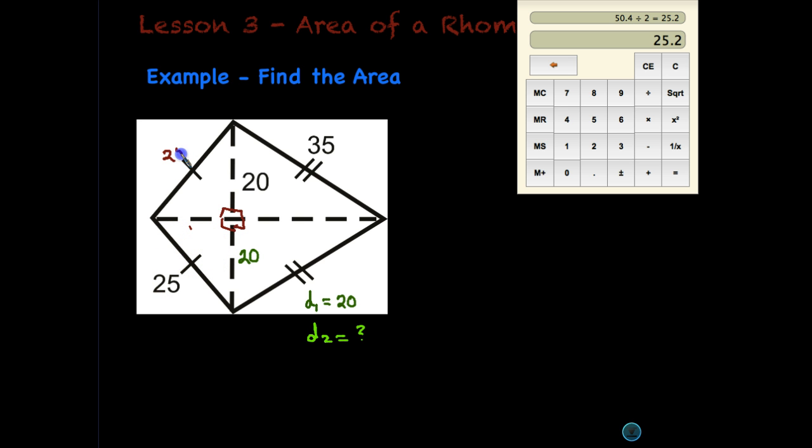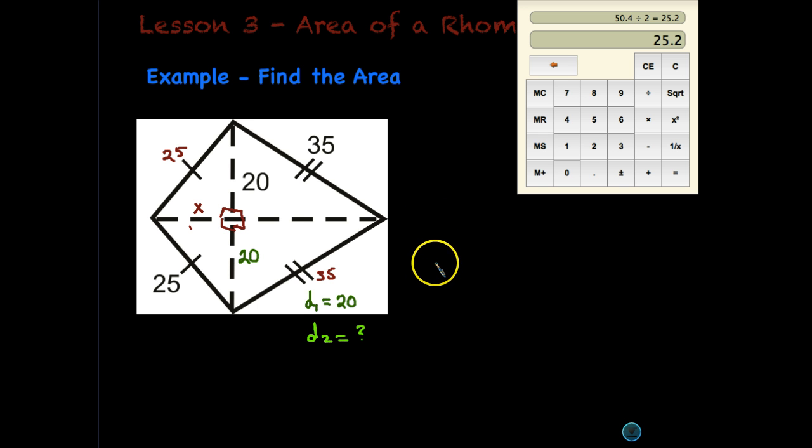This is congruent. This is also 25. If this is 35, then this side is also 35. So let's use this information to find these pieces here. In this first triangle, the hypotenuse is 25 and one of the legs is 20. And this is what we are trying to find. I'll mark it with an X. Let's do some math and figure this out.